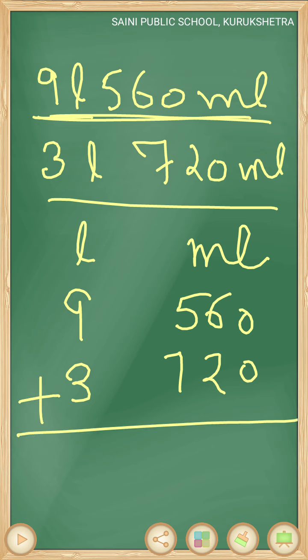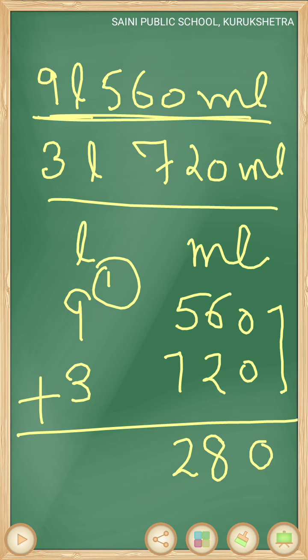Now we will start doing addition from the right side. 0 plus 0, 0. 6 plus 2, 8. 7 plus 5, how much? Count on your fingers. 7 plus 5, 12.